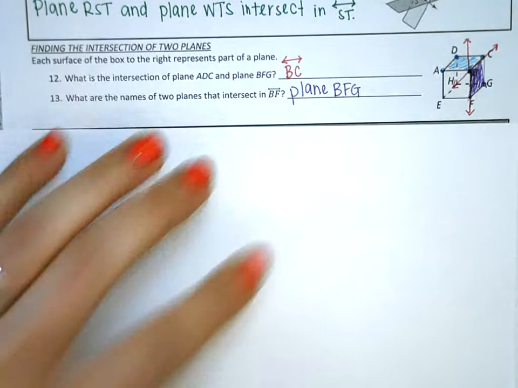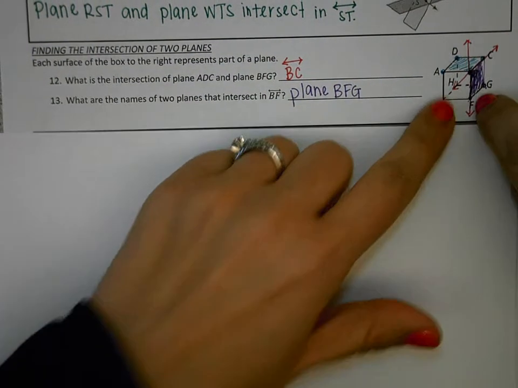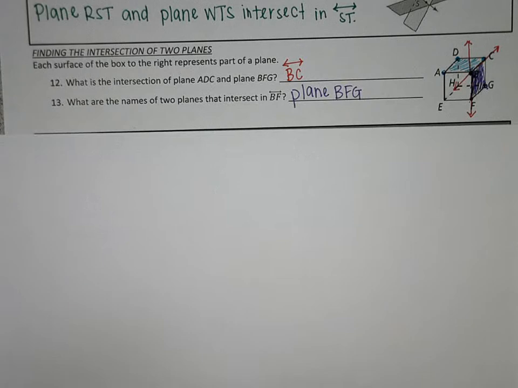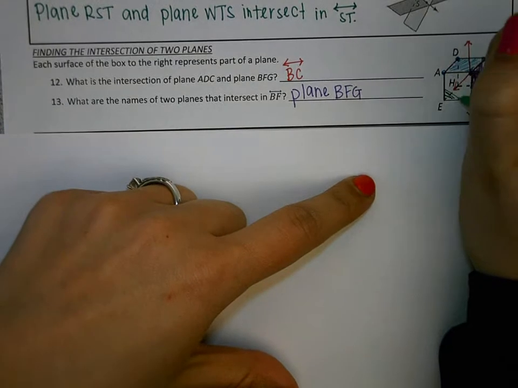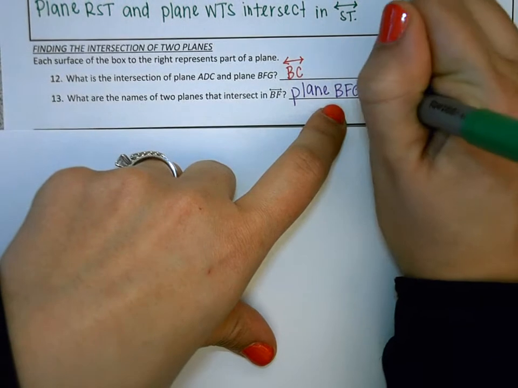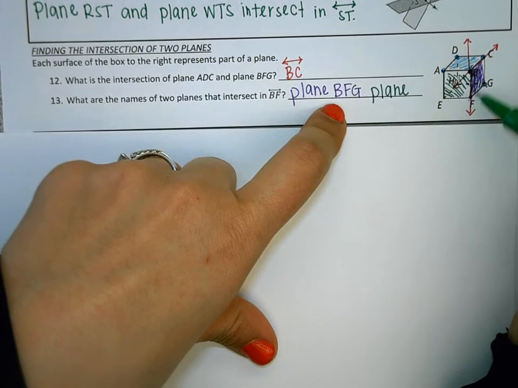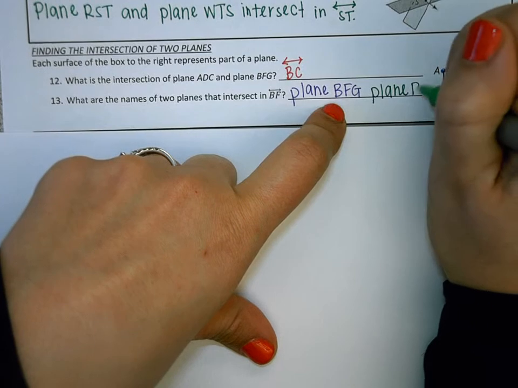And the plane that intersects on that edge would be this plane right here, because they share the edge. So that would be plane, 3 points on that plane, BFE. Could you still use A?